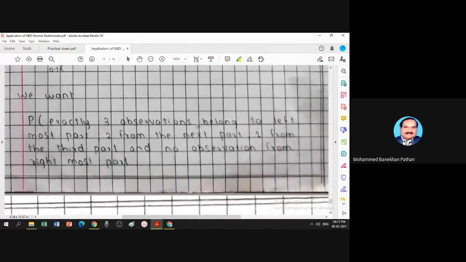You can check it. We want the probability of exactly 3 observations belonging to the left, that is the first part, 2 from the next, and 1 from the third part, and nothing from the last, rightmost part. 3 plus 2 plus 1 is 6. That is your number of observations you are drawing from the given f(x).